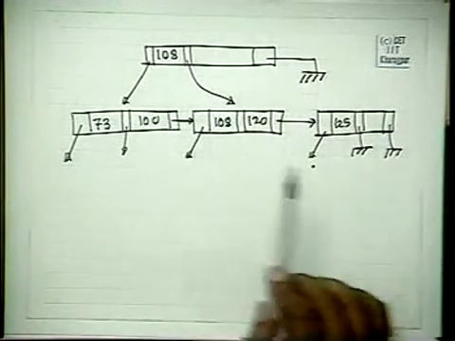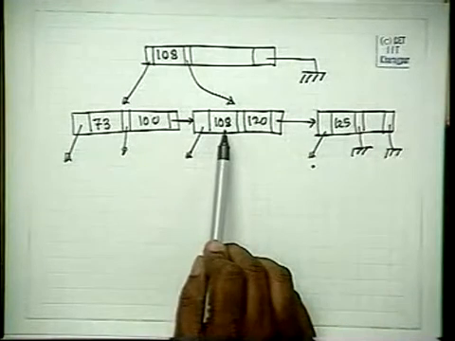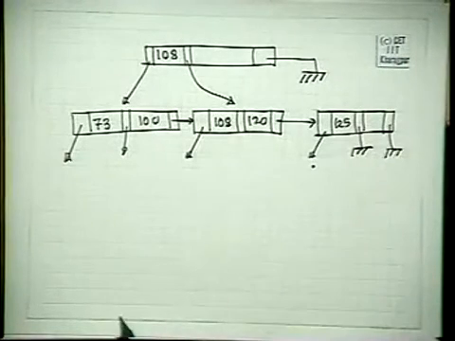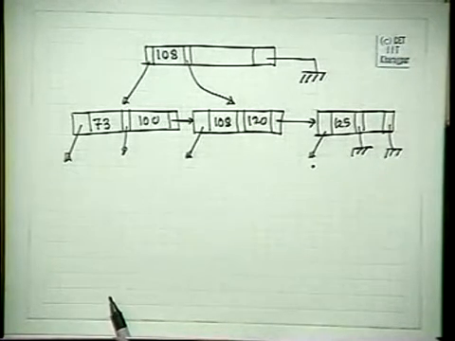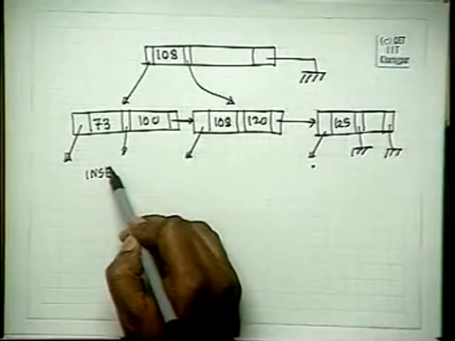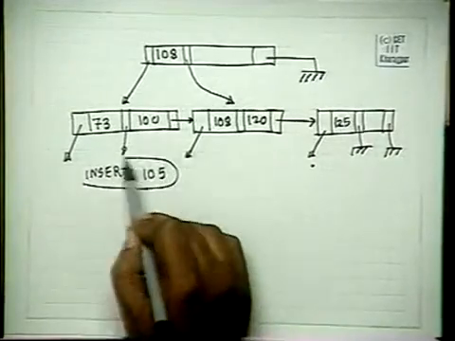This is the situation. I first inserted 73, then 108, then 100, and then I got this structure, then I inserted 125. Suppose at this point I get insert 105.